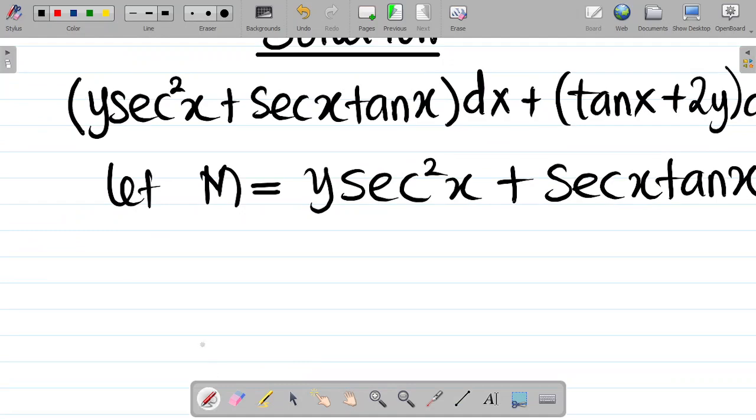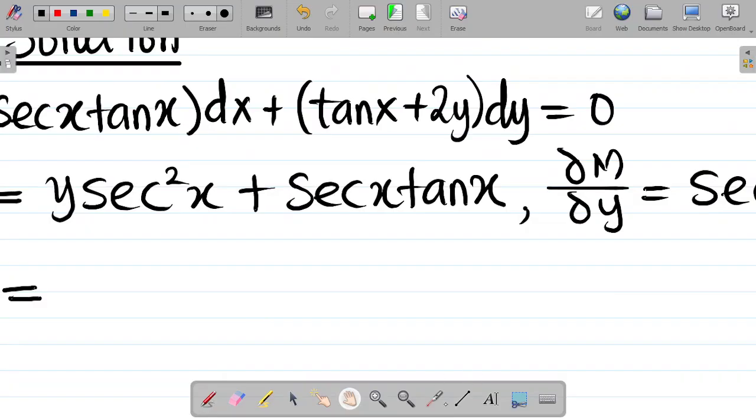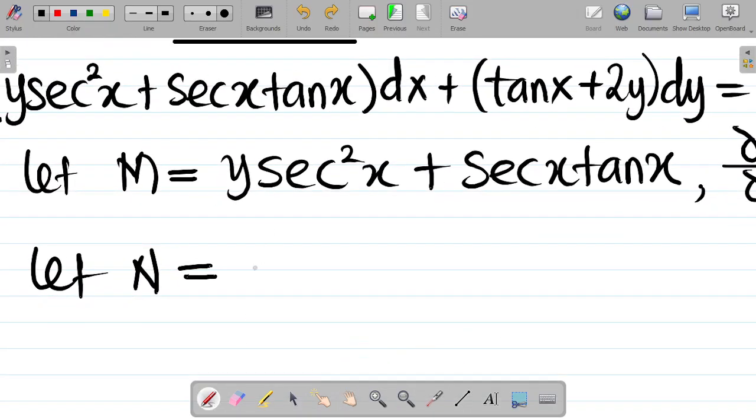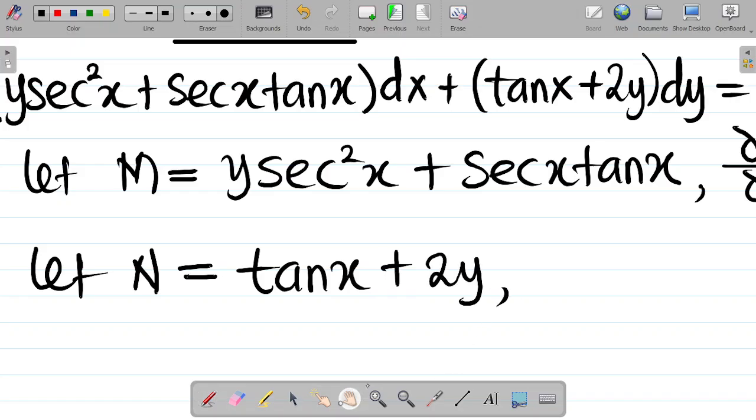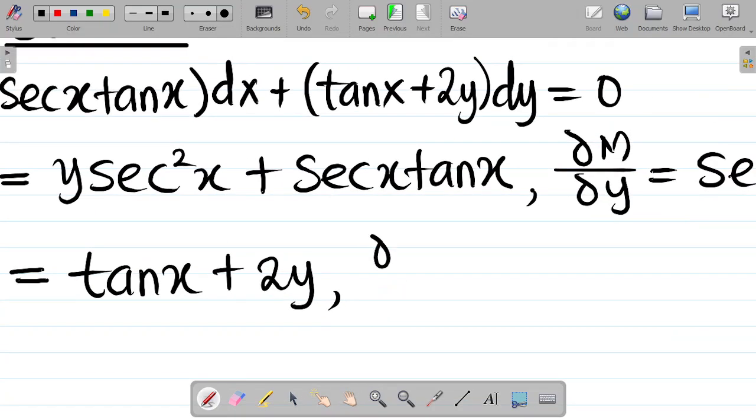The next task would say let N be equal to the coefficient of dy, which is simply tan x plus 2y. So N is equal to tan x plus 2y. The next thing we want to do is to differentiate N with respect to x.